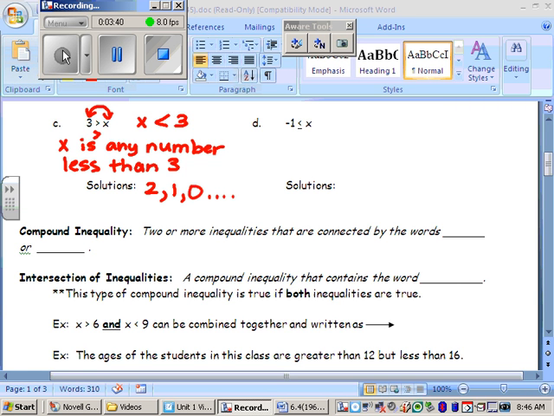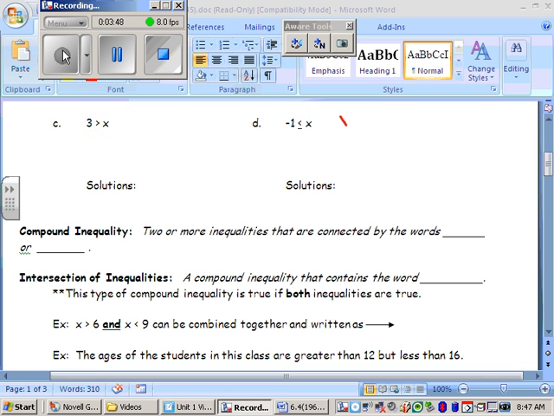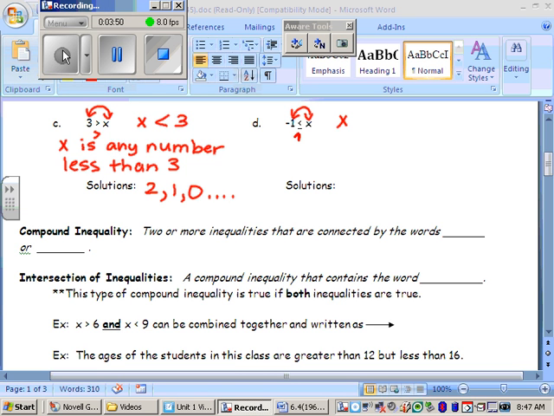What about example D? In the same way, we need to flip this inequality around so that the x, or the variable, is on the left. So when we do, notice the inequality symbol this time is pointing to the -1. So we need to flip the inequality symbol around so it continues to point to the -1. Now we can read the inequality as x is any number greater than -1 or equal to -1.